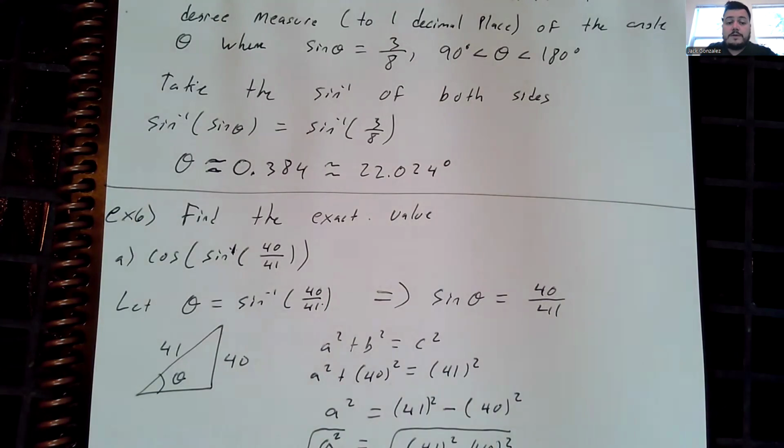Let me get my Desmos here. Square root of 41 squared minus 40 squared. So it looks like it's going to be 9. Cool.